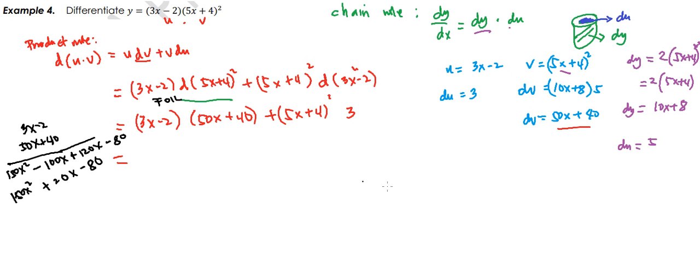So, ang 5x plus 4, sulat natin yan. Okay, sulat ko na nga. 150x squared plus 20x minus 80 plus, naman tayo, 5x plus 4.